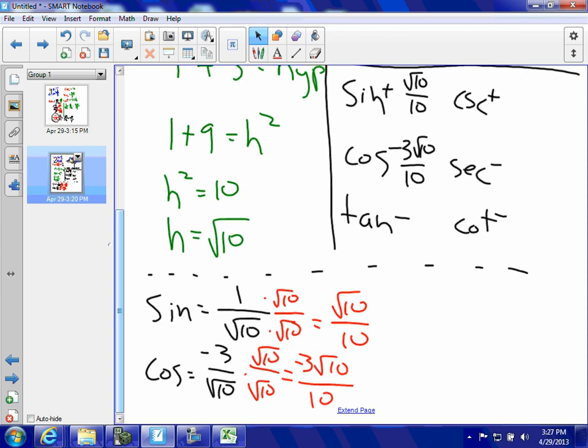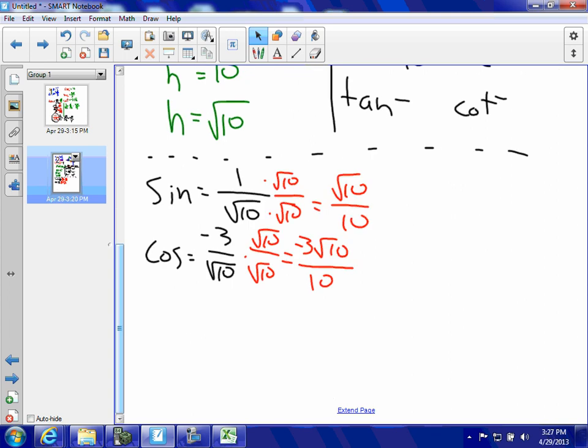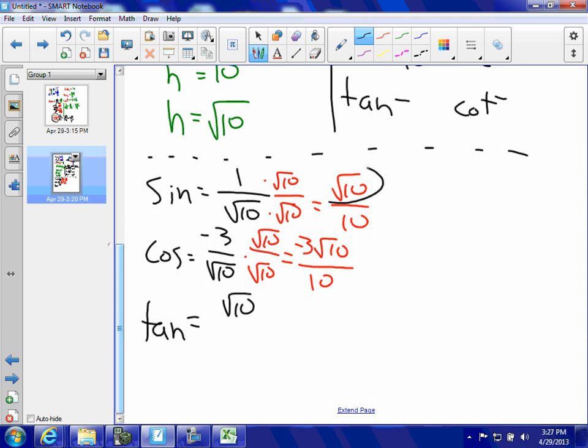Tangent, sine over cosine. Well, I can see they both have denominators of 10, so tangent is going to be radical 10, the numerator from sine, over negative 3 radical 10, the numerator from cosine.